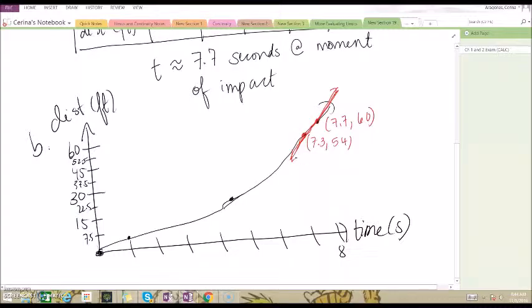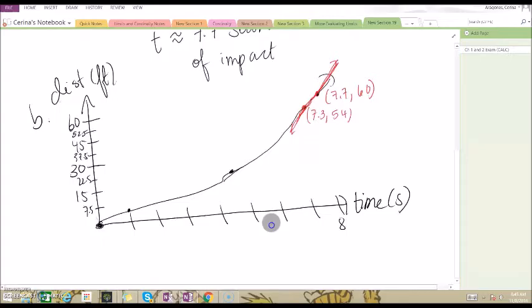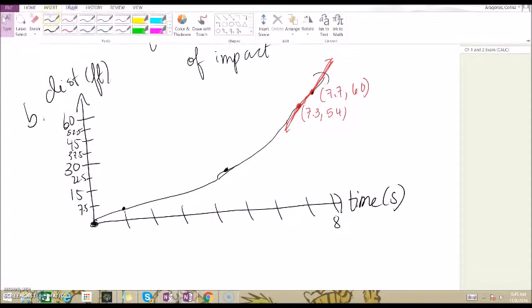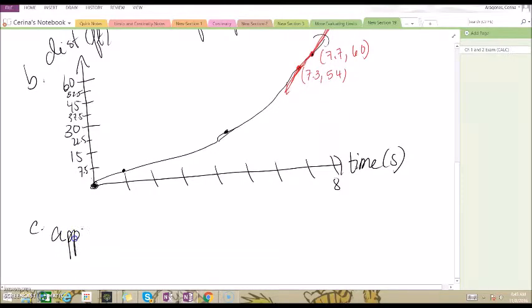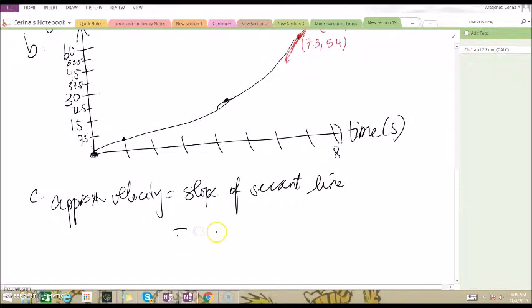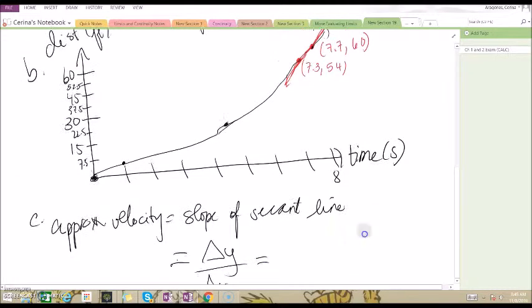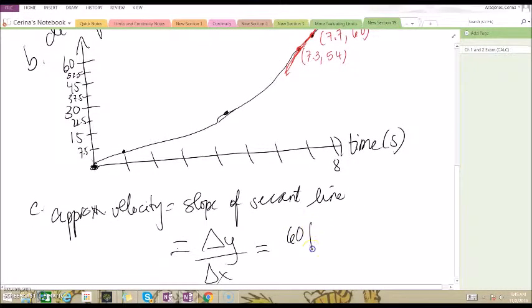Then you had to use that secant line to find your approximate velocity at your time of impact. So that was letter C. Your approximate velocity is the slope of your secant line, which is your change in y over your change in x. Your change in y is 60 feet minus 54 feet.